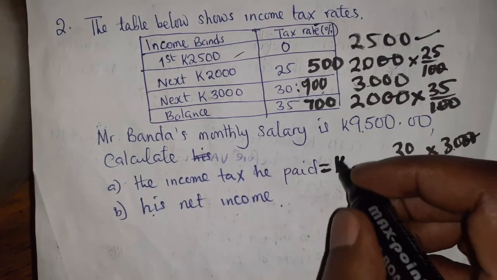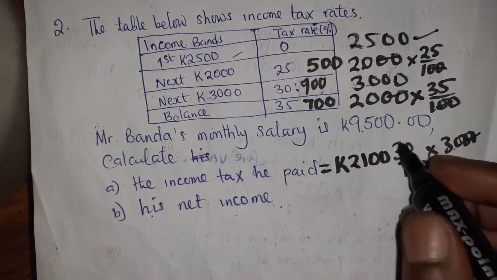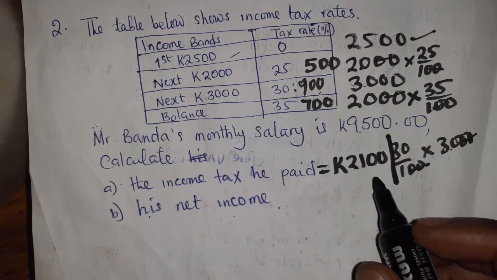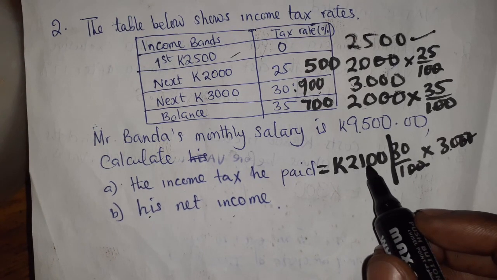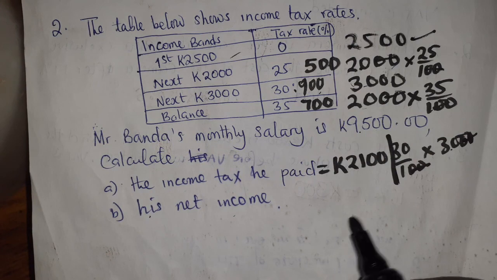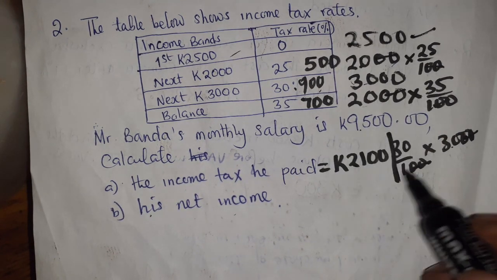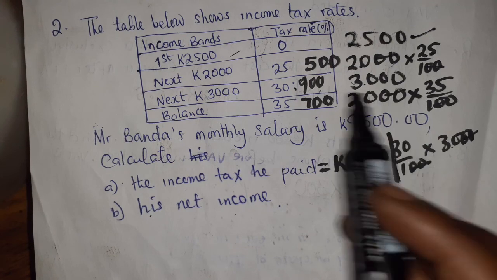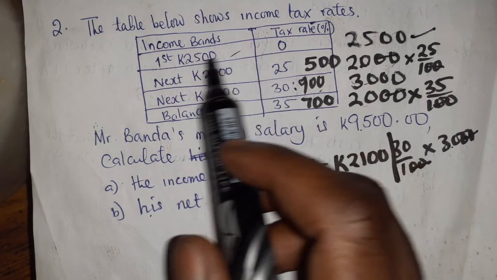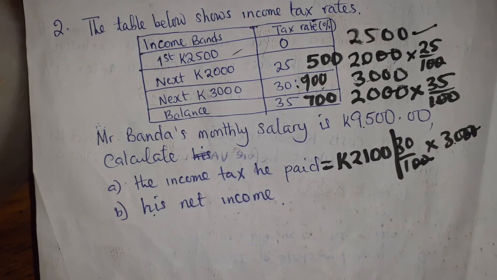You are going to get 2,100. That's the amount that you're going to get, 2,100. You just add these amounts here. Okay? So this goes back to government. For every employee, once you pass this threshold, which is tax-free, any other money is taxed.